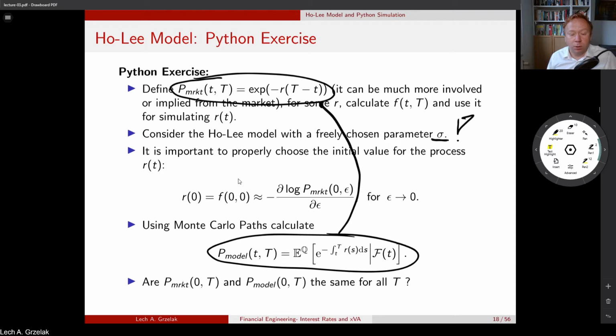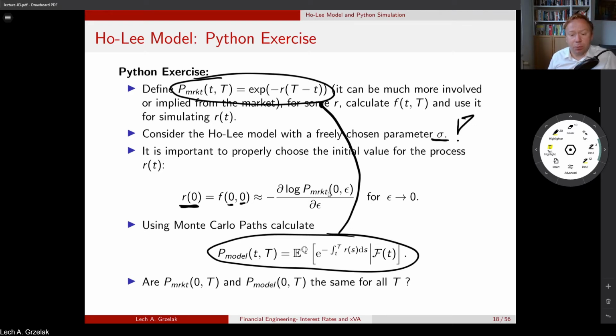A few small details. In the Ho-Lee model, we can of course specify sigma, but we also have to specify R0. And R0 in the HJM, as we have already seen, is the instantaneous forward rate f(0,0). So we have to calculate it from the market data.